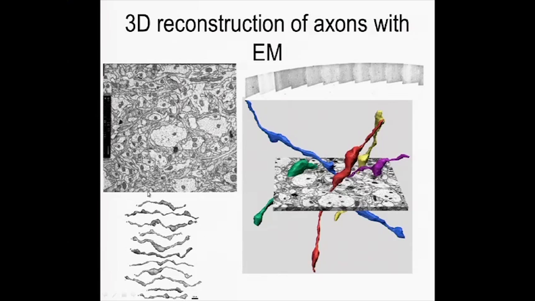But then you can take a whole series of these and, using some very sophisticated image processing techniques to register all of these images, reconstruct different axons by following from slice to slice to slice. Axons are not nice, thin, cylindrical things. You can see they actually get thickened in places where there are connections, and then thin, and then thick again. And then here you can take 5 or 6 of them and reconstruct them in space.